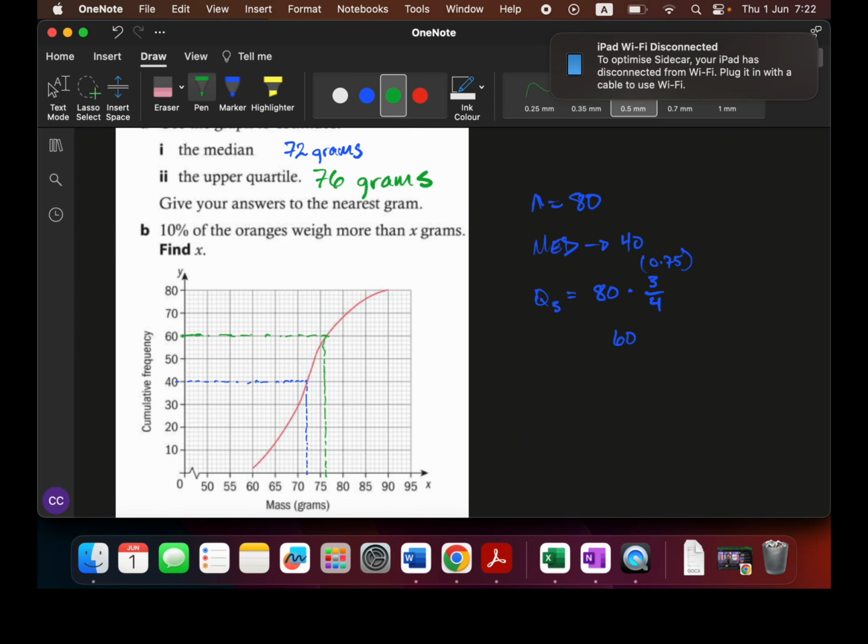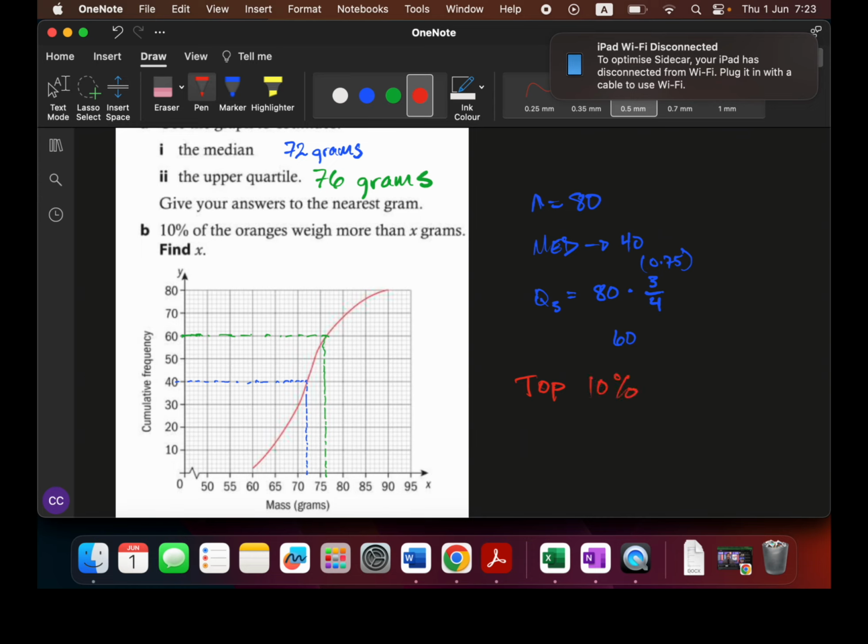Okay, so we've got those values, not a problem. It says 10% of the oranges weighed more than X grams. So what we're looking for in this case is the top 10%.